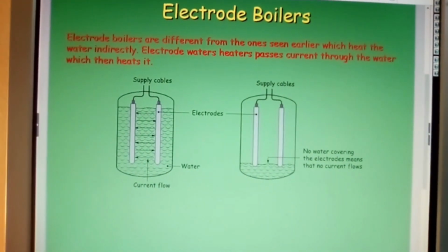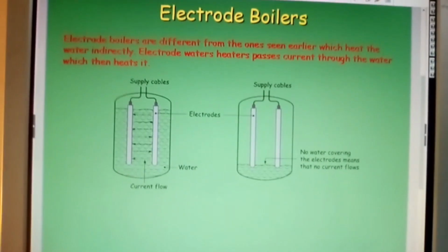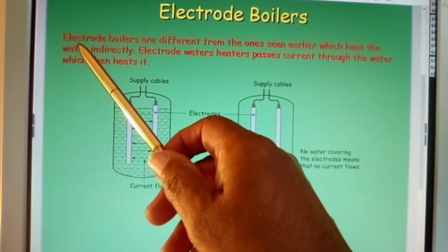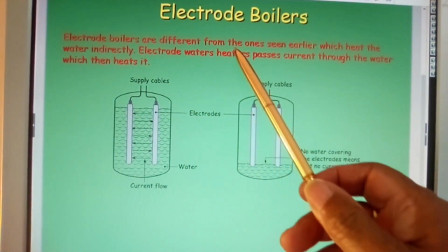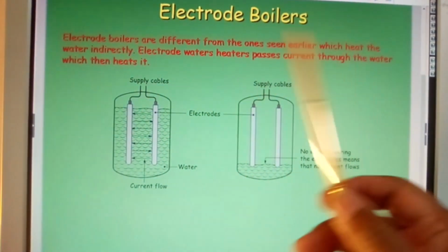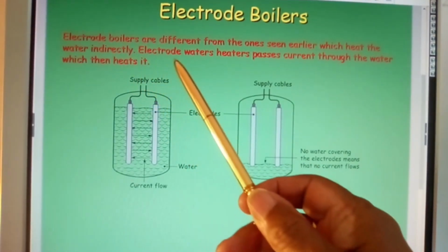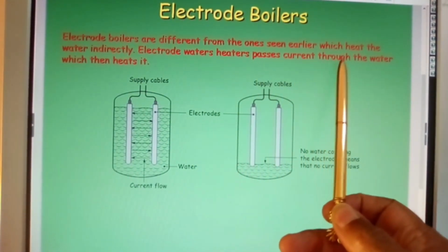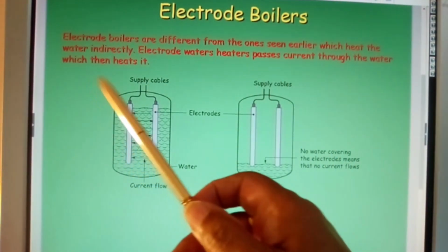Now electrode boilers. These are mainly industrial systems and they would normally be used in an industrial environment. Electrode boilers are different from the ones seen earlier, which heat the water indirectly. Electrode water heaters pass current through the water, which then heats it.